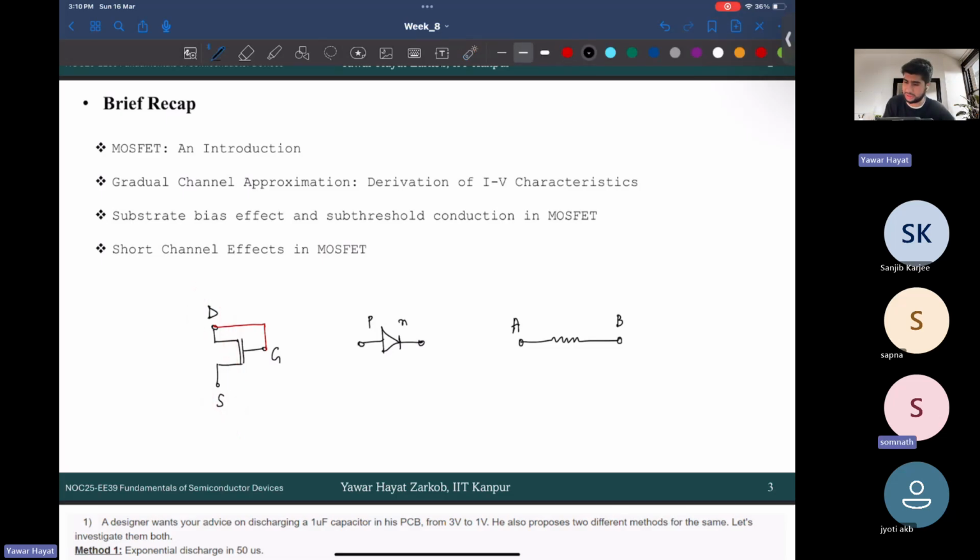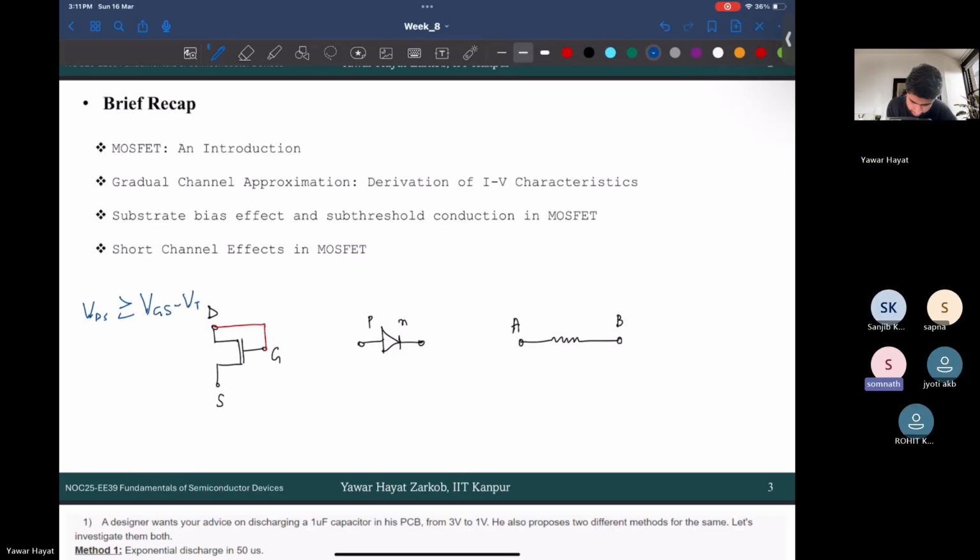So there is a condition imposed on VDS, the drain to source voltage. What is that? It has to be greater than or equal to some particular voltage, sir. It's actually VGS minus VT, which is also known as VDSAT, right?